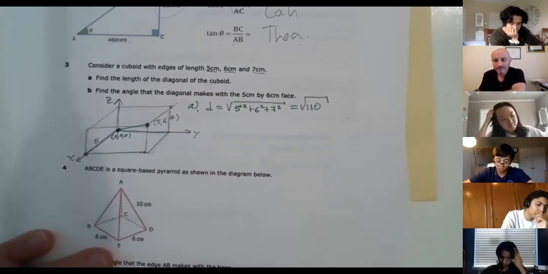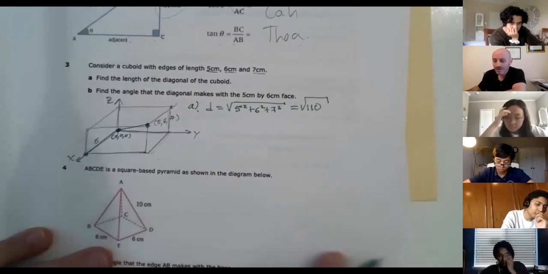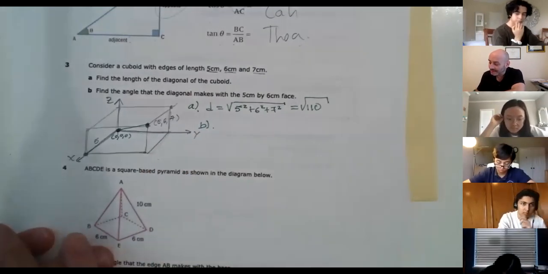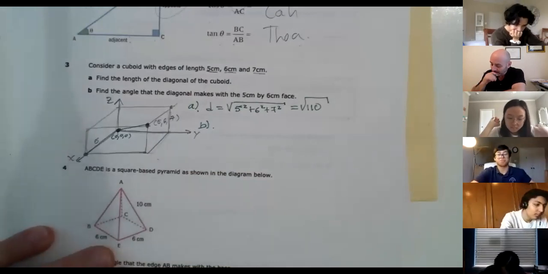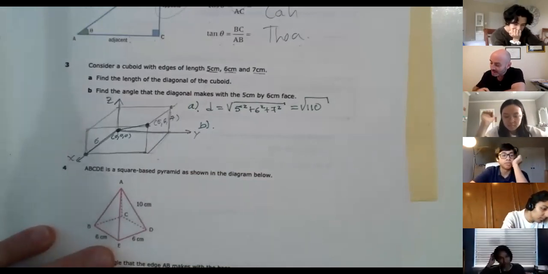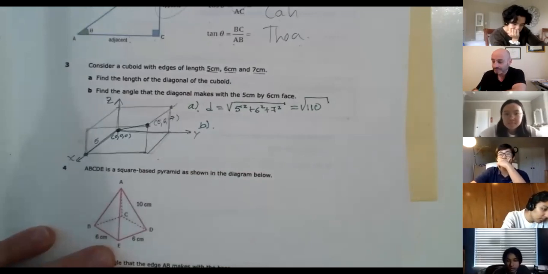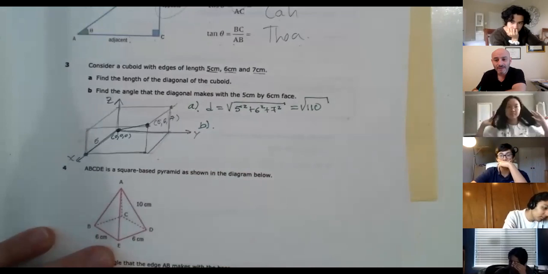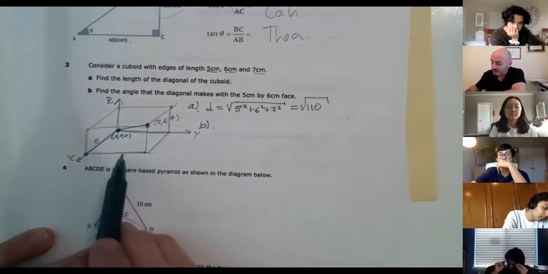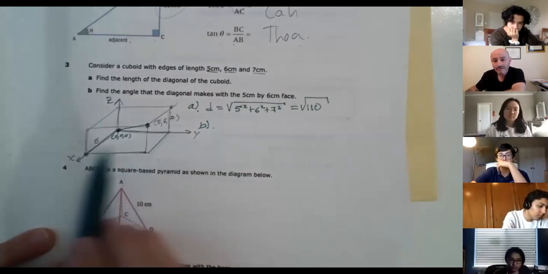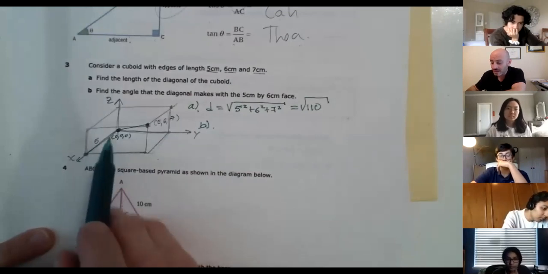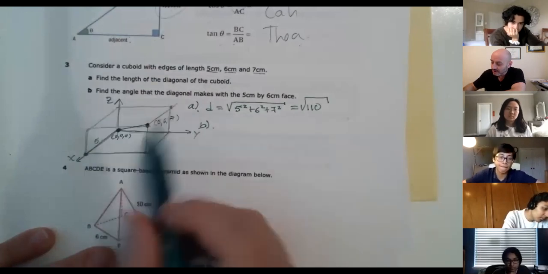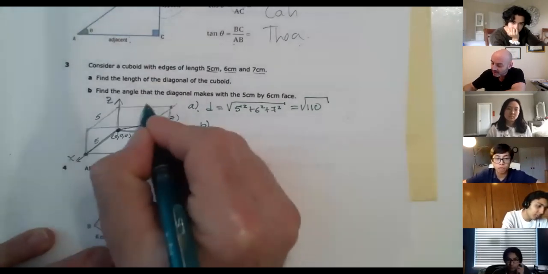We good? All right. So part B says find the angle that the diagonal makes with the 5 and 6 face. There are two faces that are 5 and 6. One of them is at the bottom, 5 on the X, 6 on the Y, and there is one at the top, because this one is also 5, and that's 6.